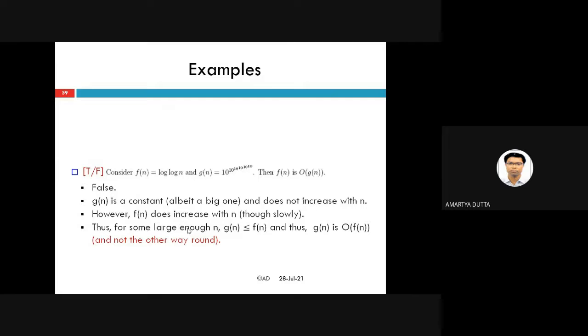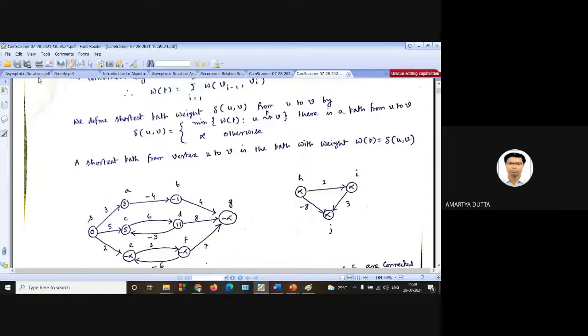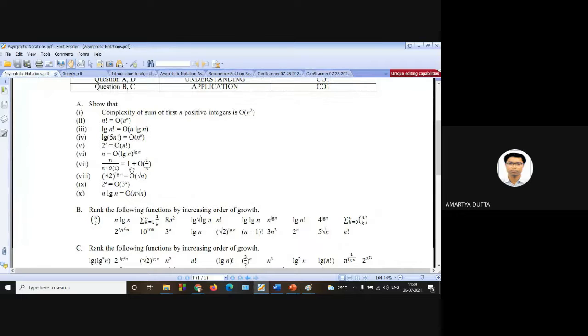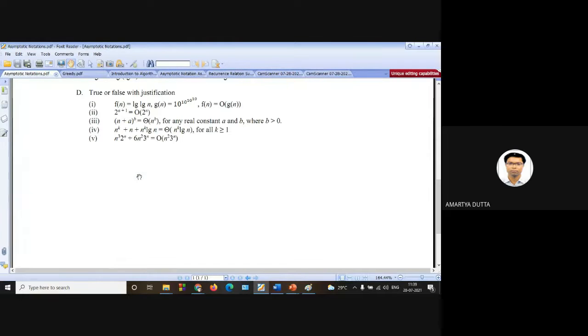So consider Fn is log n and Gn is 10 to the power 10 to the power 10 to the power 10. I'm claiming that Fn is big O of Gn. Is it true or false? Any idea?